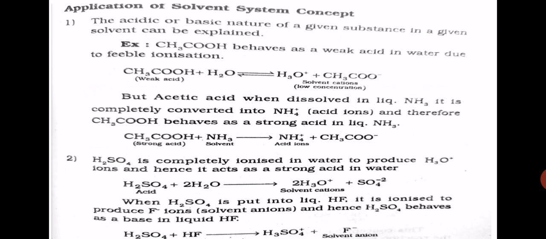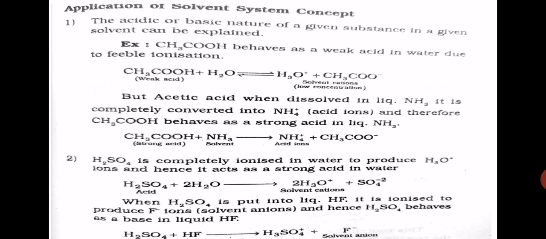The acidic or basic nature of a given substance in a given solvent can be explained by the given example. Here acetic acid behaves as a weak acid in water due to feeble ionization.